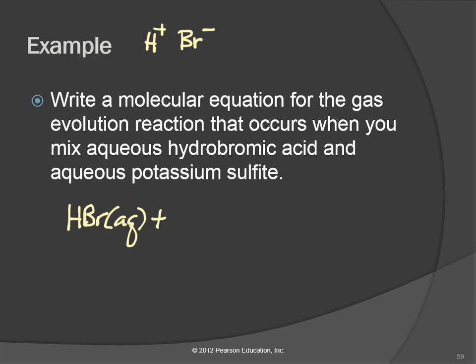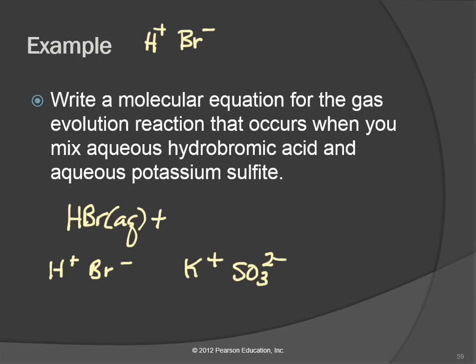So actually, I should have written my notes down here instead. Potassium. Potassium is K. What charge does potassium have as an ion? +1. How about sulfite? SO3, 2-. Sulfate is SO4, 2-, and this is the light version.